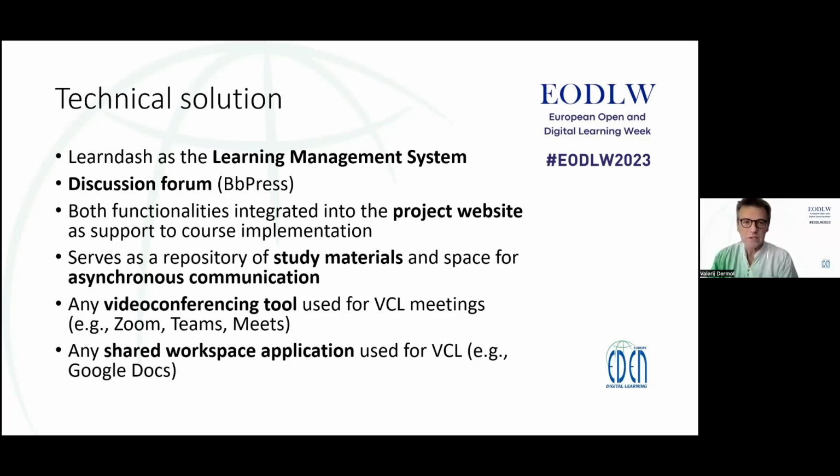So we are using LearnDash as our learning management system, and we added a discussion forum, because Mattis also explained that there should be some kind of asynchronous communication taking place during the delivery of the courses. We used a WordPress plugin, BBPress, that offers the functionality of discussion forums.